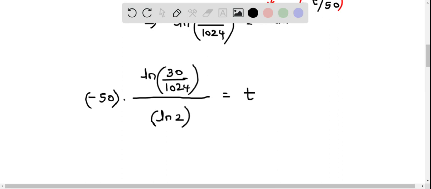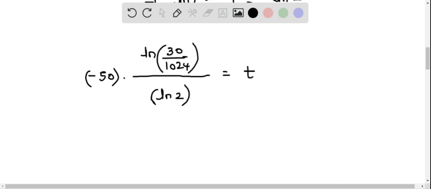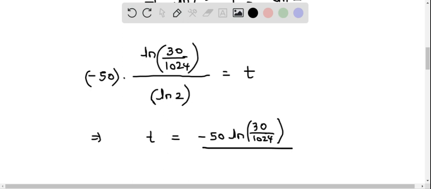So we got the expression for the time. Let me rewrite this in a simplified form. So we can write down this t as negative 50 times natural logarithm of 30 over 1024, divided by natural logarithm of 2.